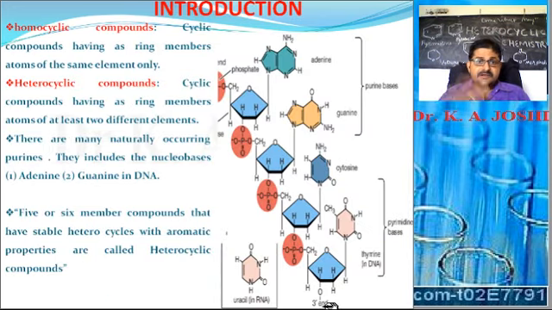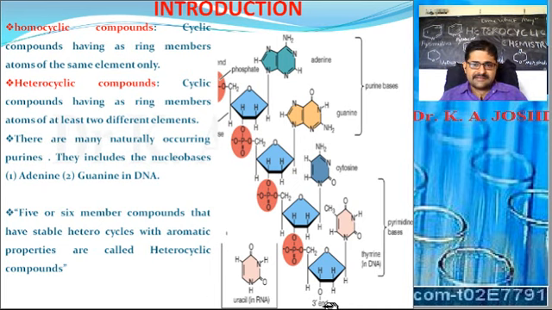Now, introduction. First we have to understand what is a heterocyclic compound. Before that, we have to learn about homocyclic compounds, because there is a difference between homocyclic and heterocyclic compounds. So what is a homocyclic compound?